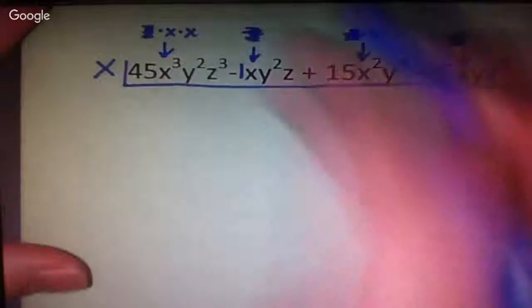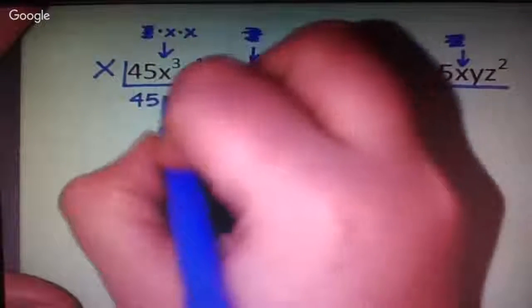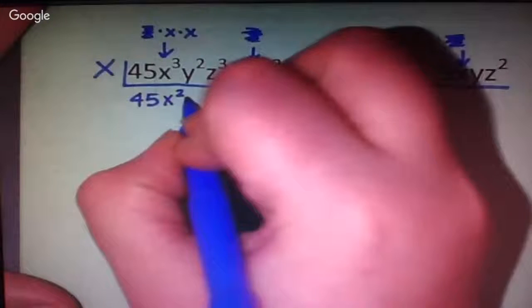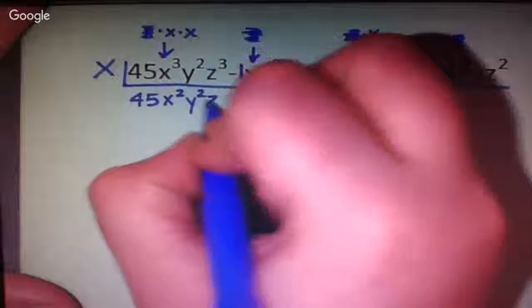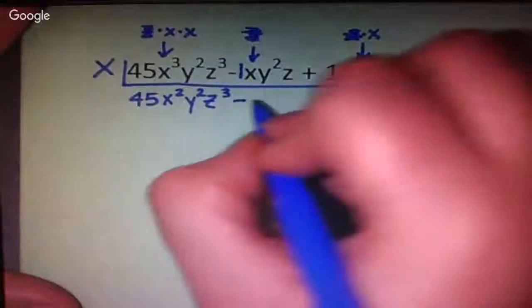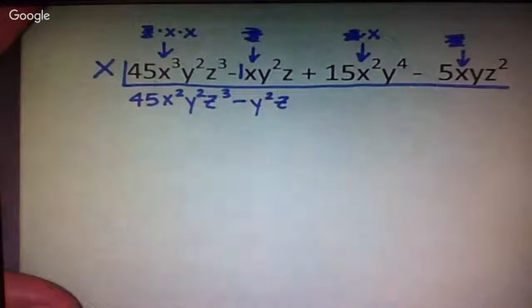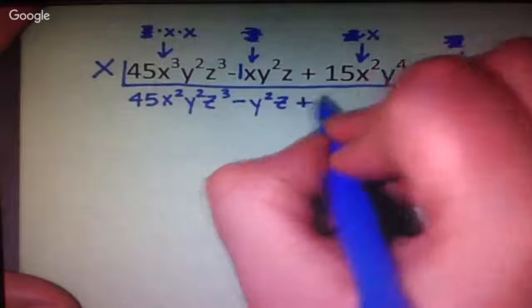So when I get rid of that, I'm left with 45. Once I get rid of one x, that leaves me with x squared. Y's haven't been touched yet. Z's haven't been touched yet. Minus, this x disappeared, so all I'm left with is y squared z, plus 15.